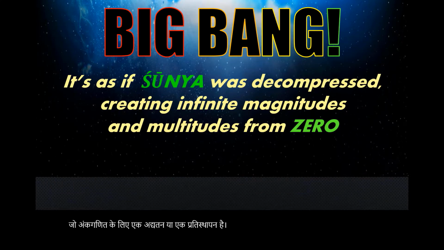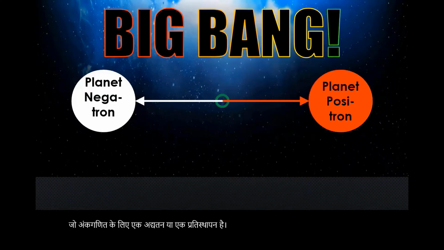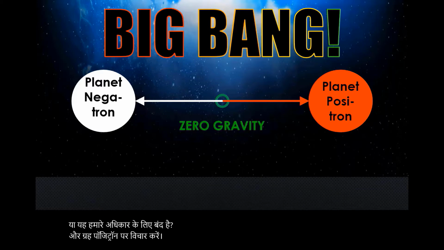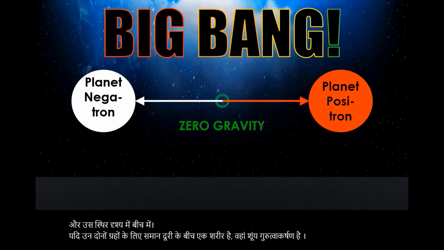So consider planet Negatron off to our left, or is it off to our right? And consider planet Positron. And in the middle, in that static view, if there's a body between them equidistant to both planets, there is zero gravity upon that body.